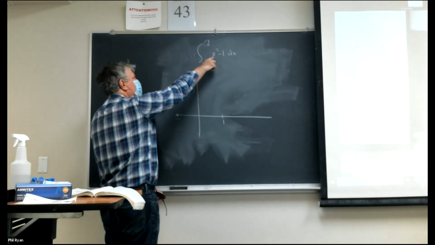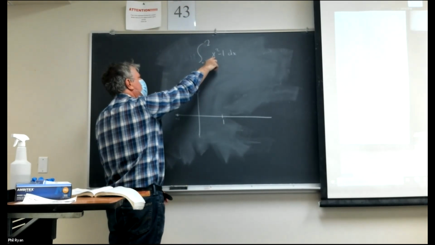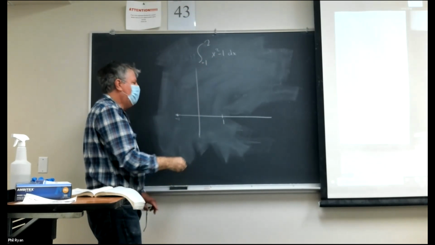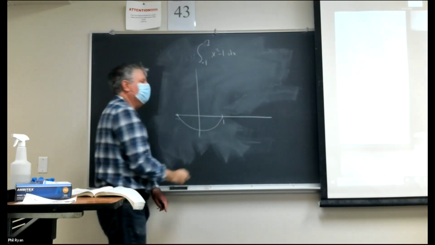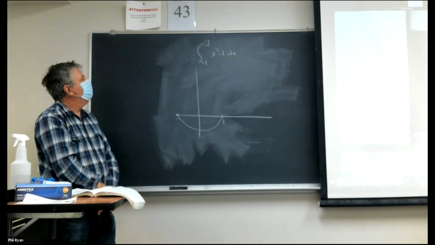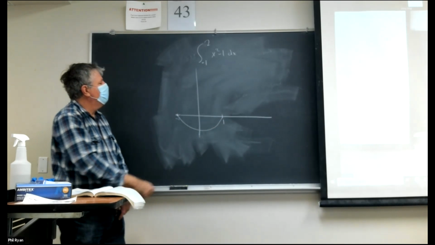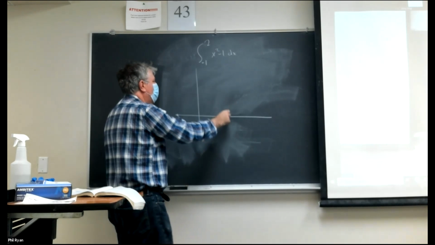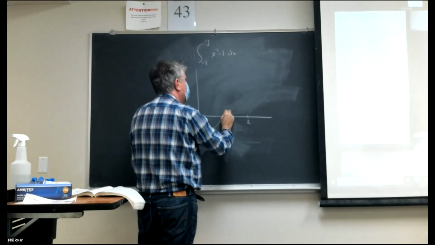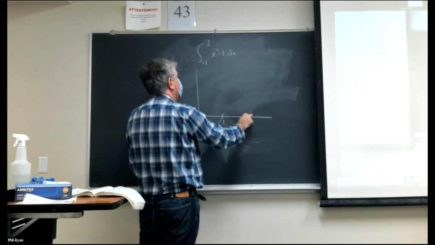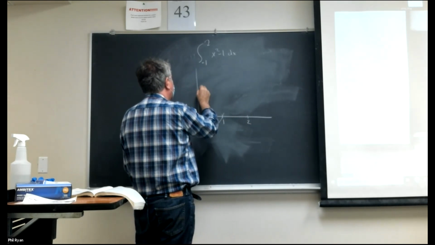Right, so when x is less than 1, x squared minus 1 is going to be negative. So it's going to kind of look like this. And then between 1 and 2, at 2, it's going to be 3.